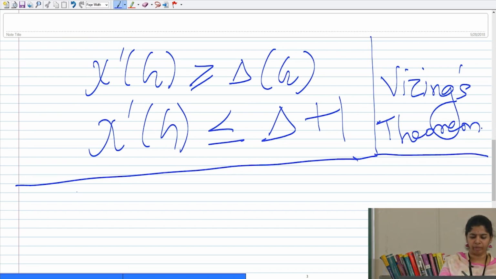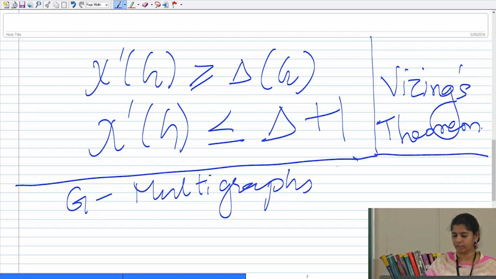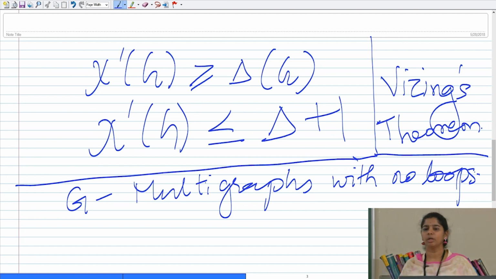Okay, just before I wind up, suppose given G is multigraph with no loops. Okay, we will not worry about loops now because loops are a little misleading. Okay. So, if you have multigraph with parallel edges, what would be the upper bound?